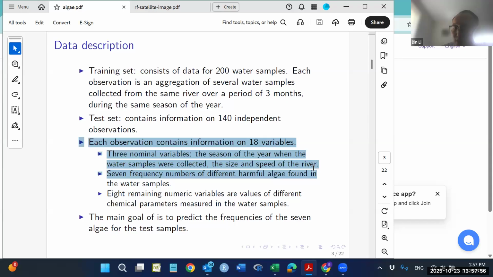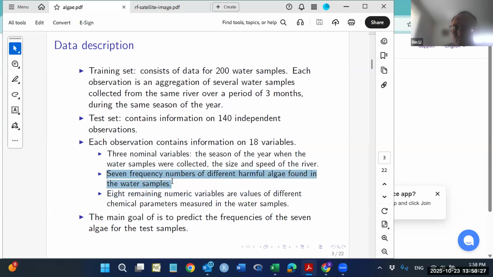So what are these 18 variables? 3 of them are nominal variables, that means they are categorical variables: the season of the year, and the size and the speed of the river. And then we have 7 frequency numbers of different harmful algae found in the water.